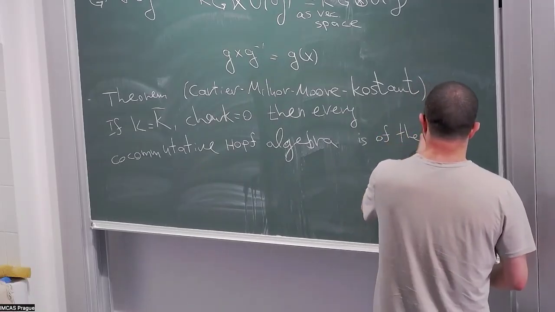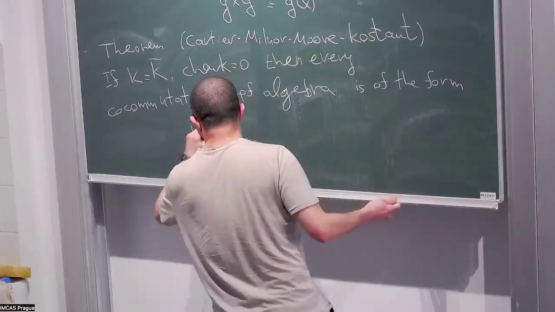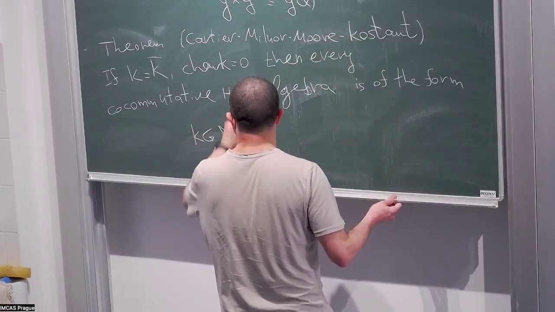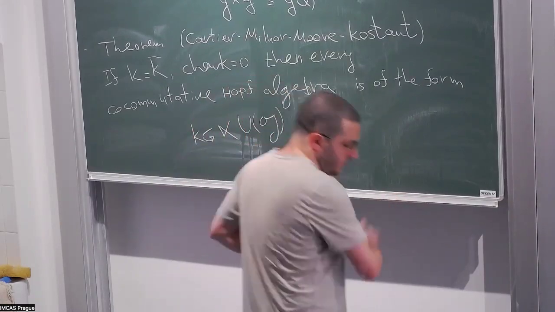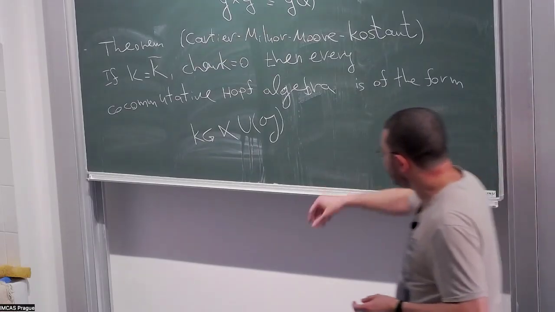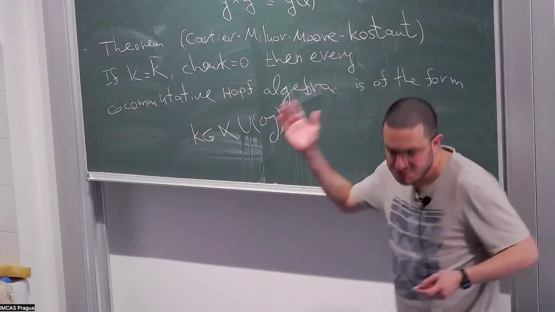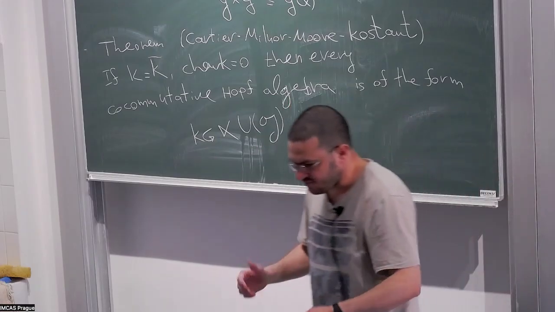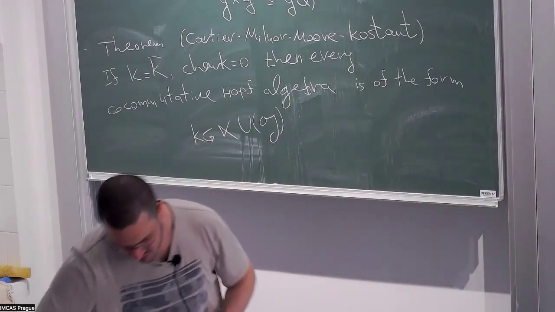It's of the form KG semi-direct product U(g). Moreover, of course, the group and the Lie algebra are uniquely defined, because the group will just be the group of group-like elements, and the Lie algebra will be the space of primitive elements that we have.